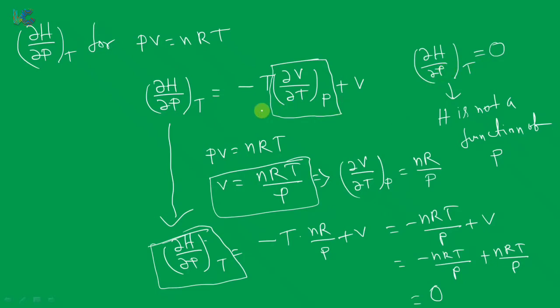Okay, fine. So now we'll measure the value of del H del P at constant T for the gas P into V minus nb is equal to nRT.